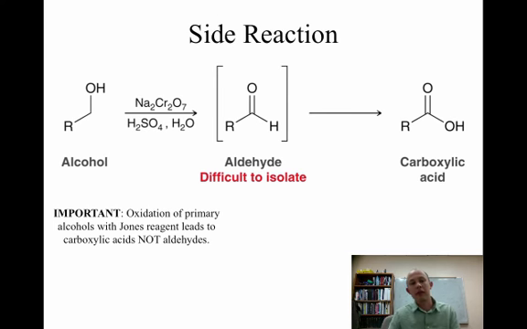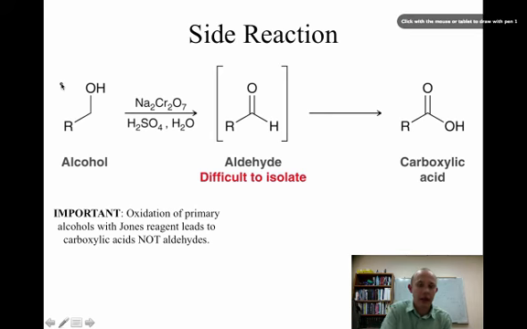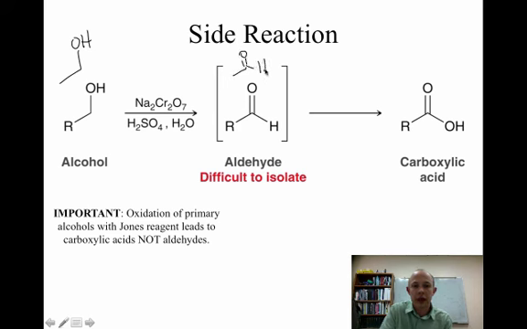If we try to do the same thing with a primary alcohol, so let's say we take ethanol, and we want to oxidize that to the aldehyde, these are the conditions for the Jones oxidation: sodium dichromate, sulfuric acid, water. We will form the aldehyde, but under these same reaction conditions, the aldehyde will rapidly react further to give us the carboxylic acid.